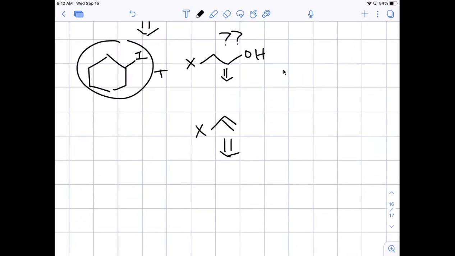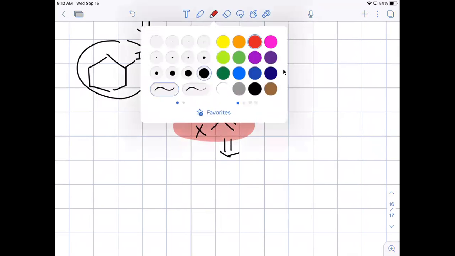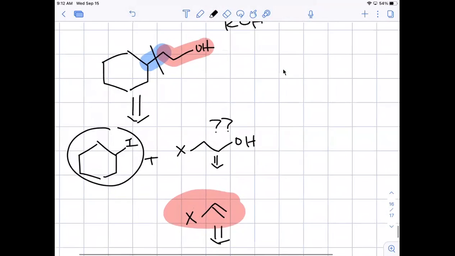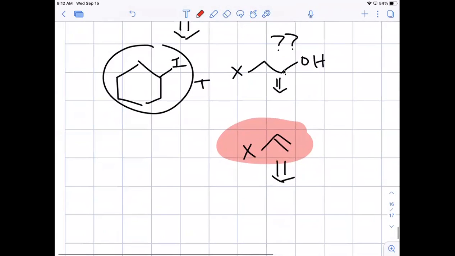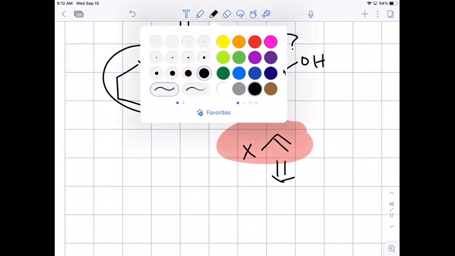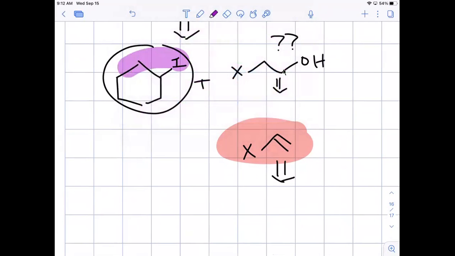All right, so now let's think about where this came from. This is all based on stuff we've already talked about. You can see right here there's a carbon-carbon bond. If you wanted to take the alkene highlighted in red and make a carbon-carbon bond with this molecule, what's one way you could do that?